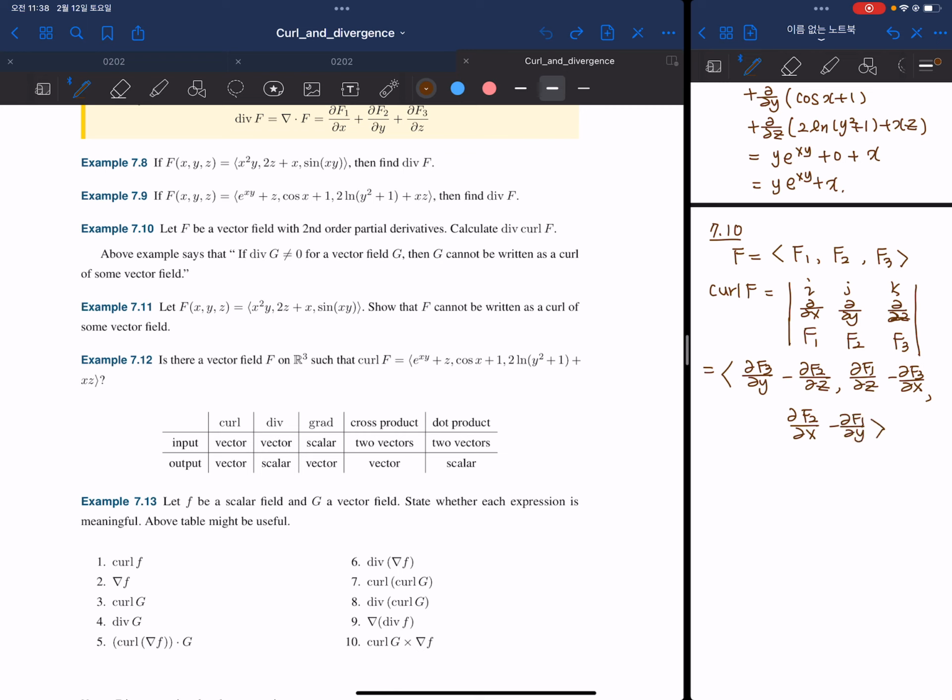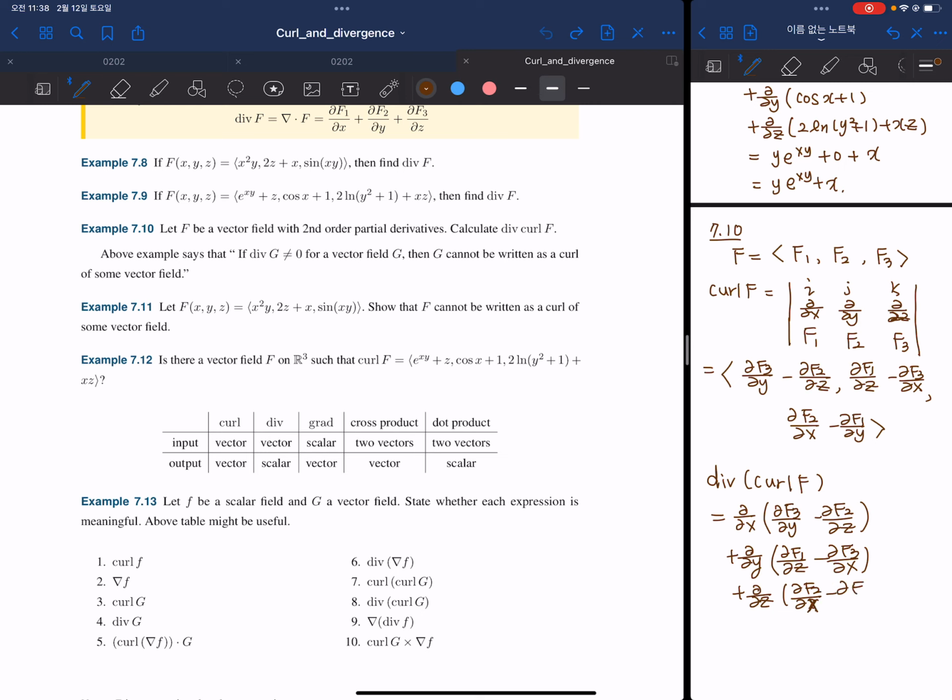Then we want to take the divergence here, the divergence of curl f. The divergence is to take a partial derivative with respect to x of the first coordinate, plus ∂/∂y of the second coordinate, and for the third coordinate we take a partial derivative with respect to z.